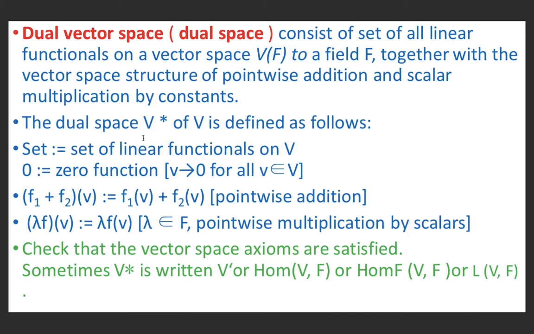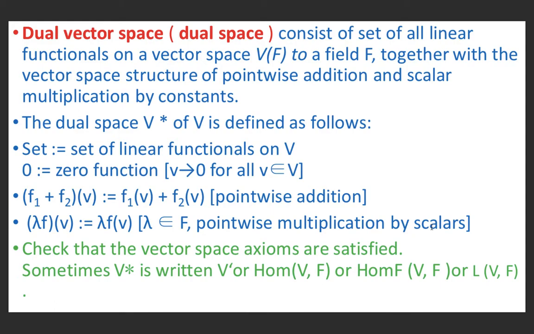It means the dual space V star of V is defined as the set of linear functionals on V: the zero function which maps v to 0 for all v belonging to V, f1 plus f2 evaluated at v is equal to f1(v) plus f2(v), pointwise addition, and lambda f evaluated at v is equal to lambda f(v), where lambda belongs to F, pointwise multiplication by scalar.